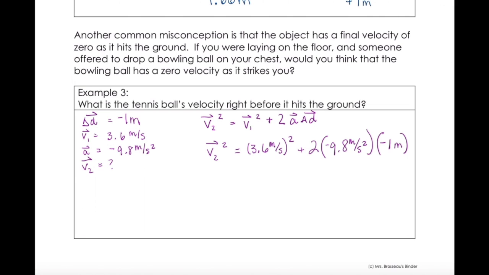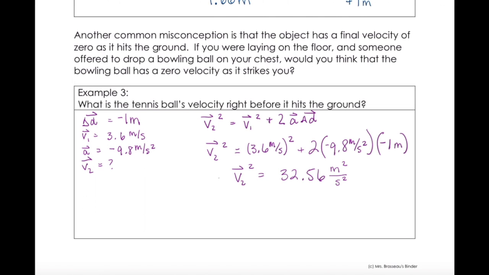Okay, so then we should get that V2 squared equals 32.56. We would have meters squared over second squared.